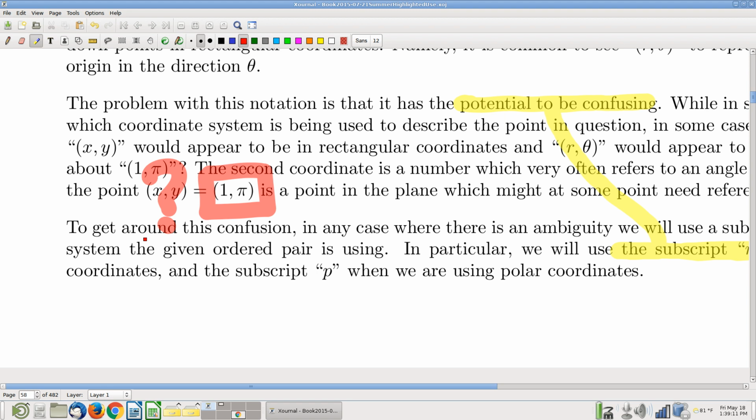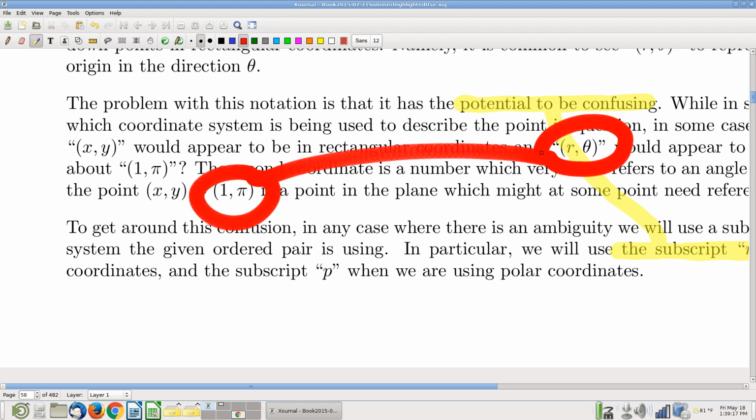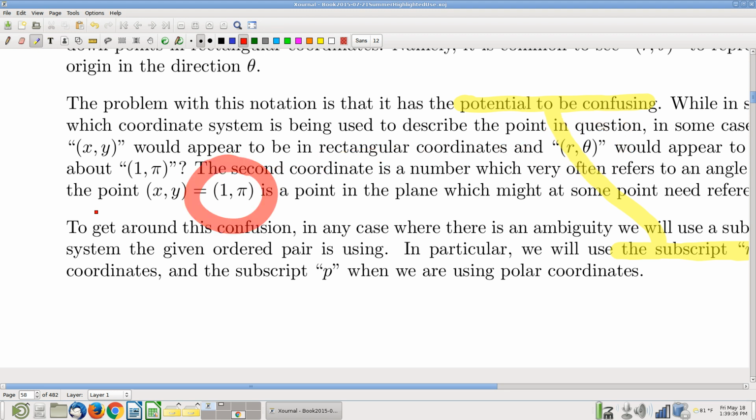Maybe you're describing the rectangular coordinates of your point. But maybe 1 comma pi are telling you the polar coordinates. Maybe you're saying that the angle is pi. Doesn't pi look like an angle? Right? And r is 1. It would seem pretty reasonable to talk about that point in polar coordinates. So when you write 1 comma pi, it's not by itself entirely clear what you mean.